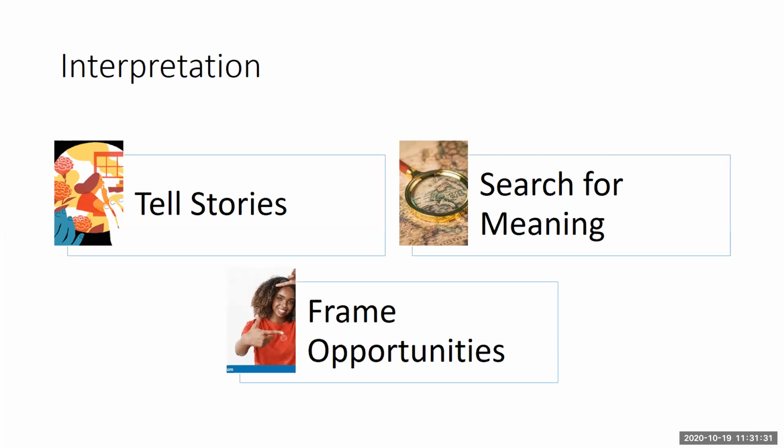So interpretation really involves a lot of causal analysis that then gets moved into a driver diagram, and you end up writing a clear aim statement or SMART goal around where you want to go to solve this problem.